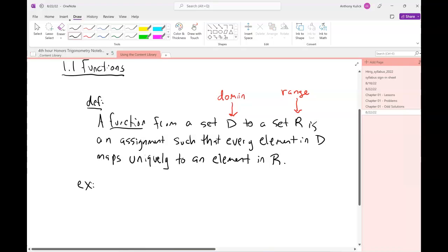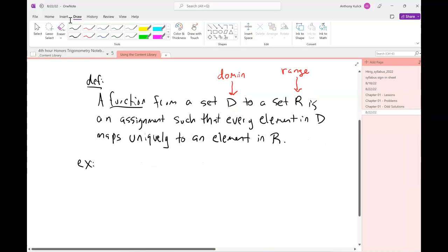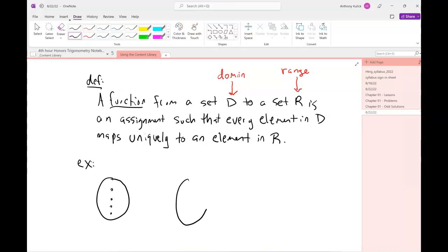So let's look at some examples. Let's say we just have a little mapping diagram. So maybe we just have something that does this. Is that a function? Yes, you guys are correct.